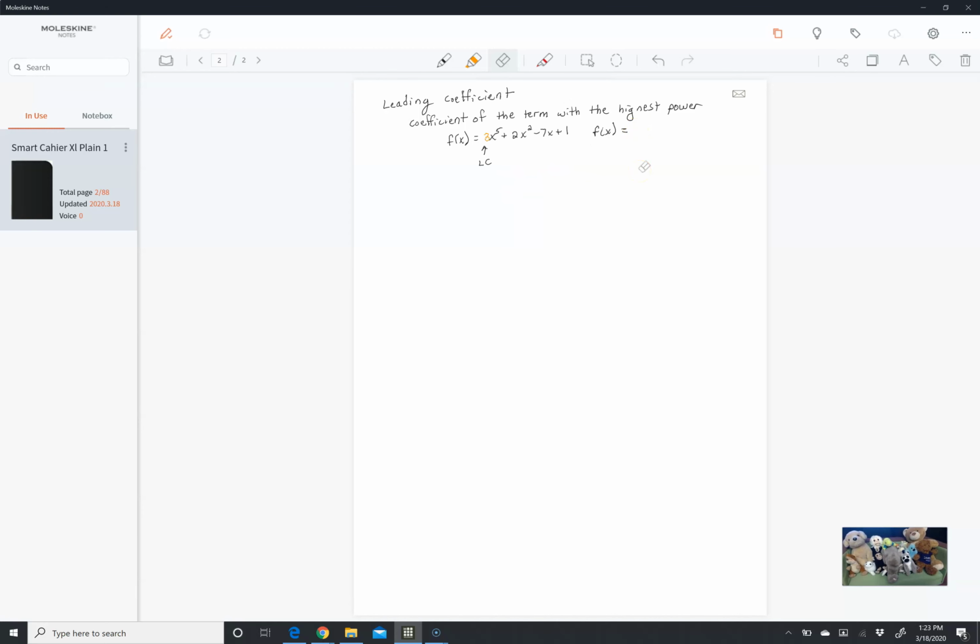So f of x equals 6x to the 10th minus 4x squared minus 3 in this case. This 6 is the leading coefficient, okay?